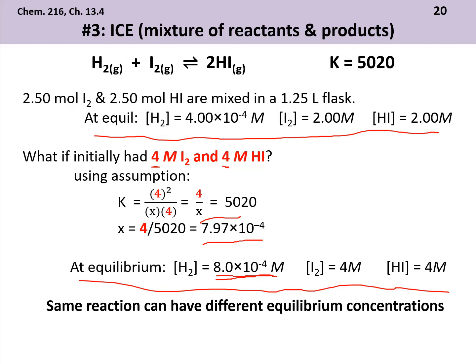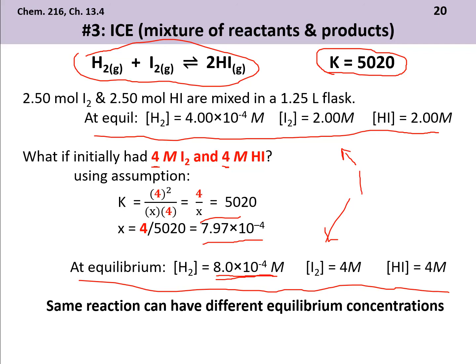Same reaction can have 2 different equilibriums depending on the concentration. Okay? So it's not like every time I have these 3 things, I'm going to get the exact same concentration. What's important is the ratio, that K constant, is going to be constant if these are at equilibrium. Right? If I plug in both of these values, I'm going to get the same.